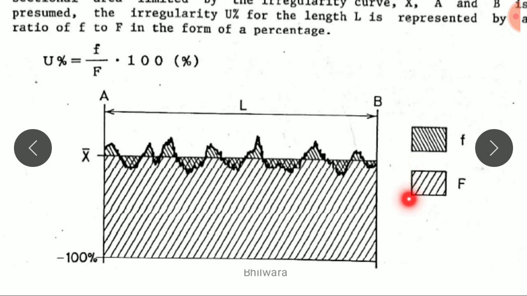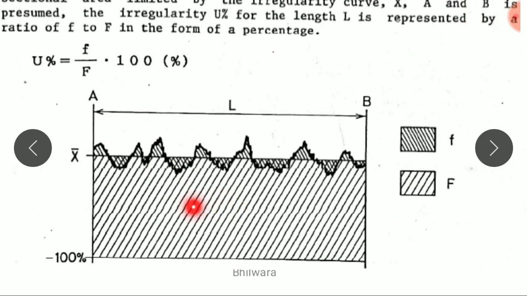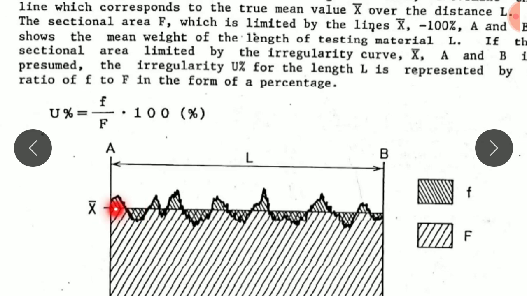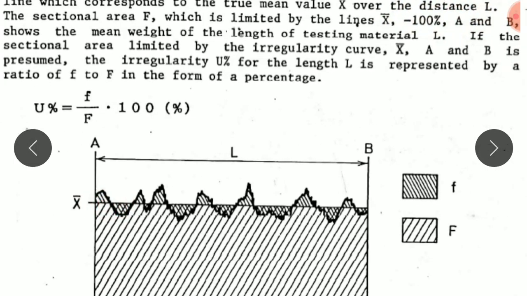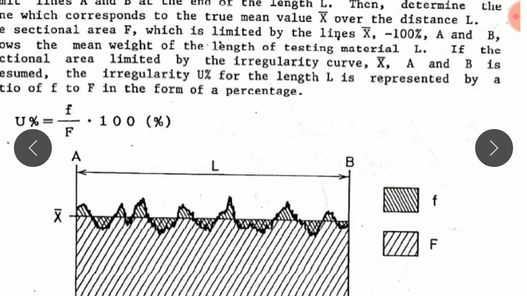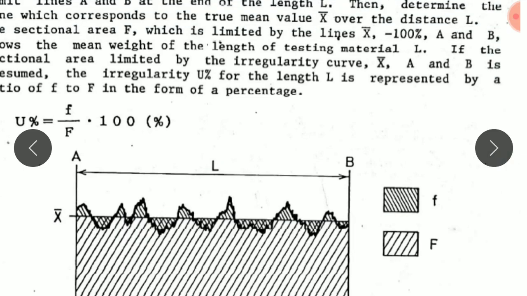So capital F, this area, is representing the average mass, the total mass of the materials between length A and B with average value x bar. And this area, small f, upper sides means more mass, lower sides lesser mass. So it represents variations or deviations present in the materials.